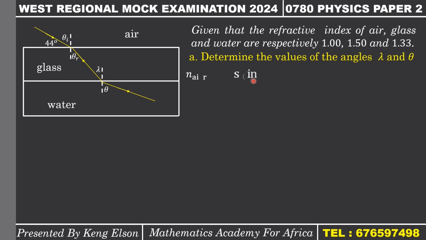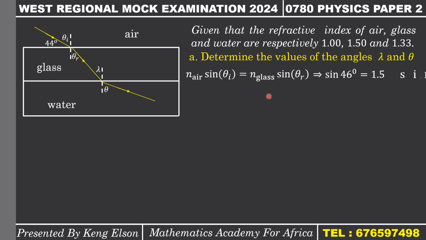So we are going to have that the refractive index of air times the sine of the angle of incidence, since it was moving from air to glass, is equal to the refractive index of glass times the sine of the angle of refraction in glass.